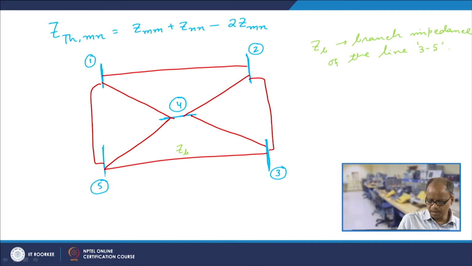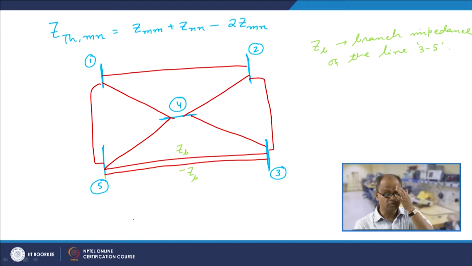Now, if I wish to simulate the outage of this particular line, what we can do is simply add another line between the same two buses in parallel with the original line, having an impedance of minus ZB.